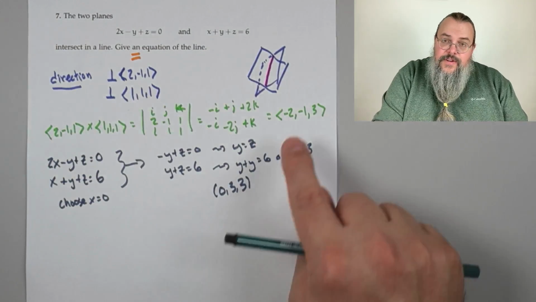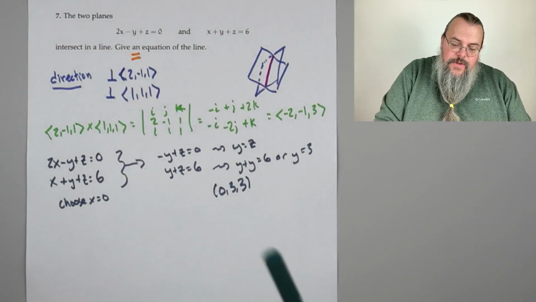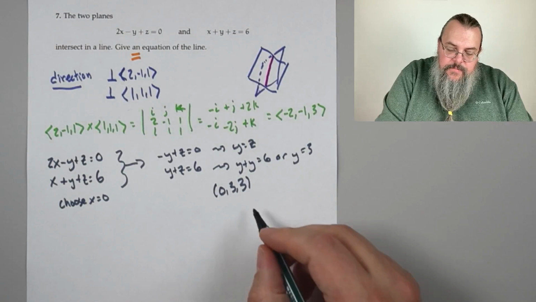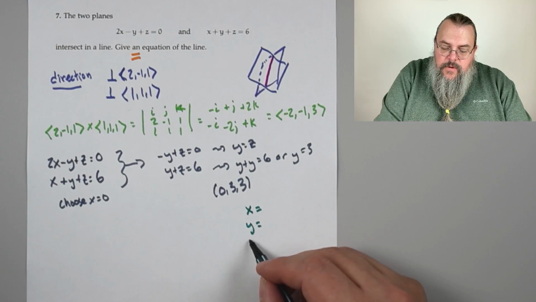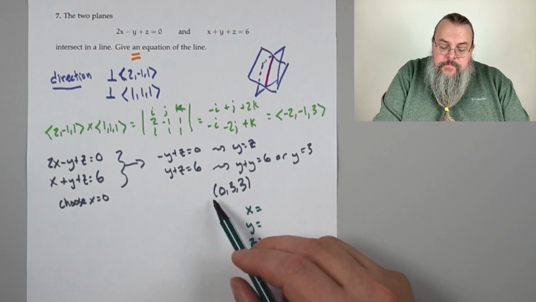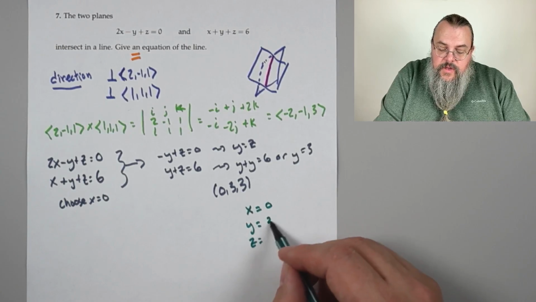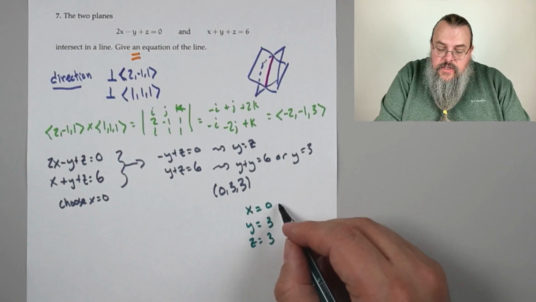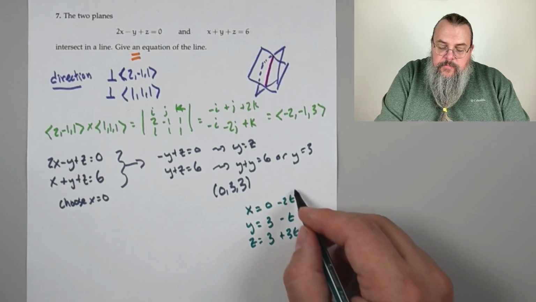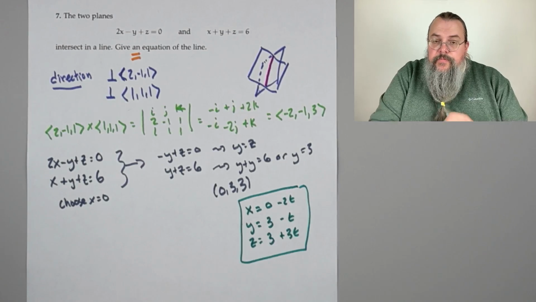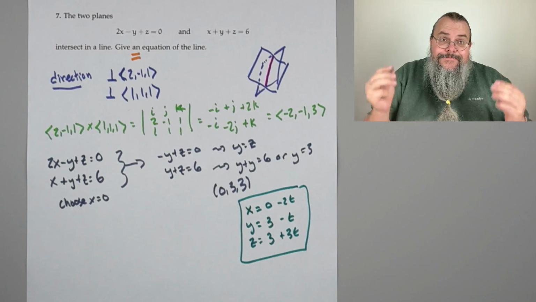So point, direction, and similar to the last problem, we make our parametric lines. x equals, y equals, z equals, point 0, 3, 3, direction minus 2t, minus t, plus 3t. And done.